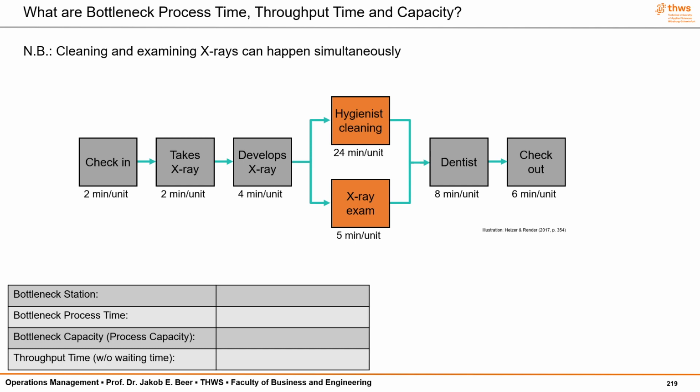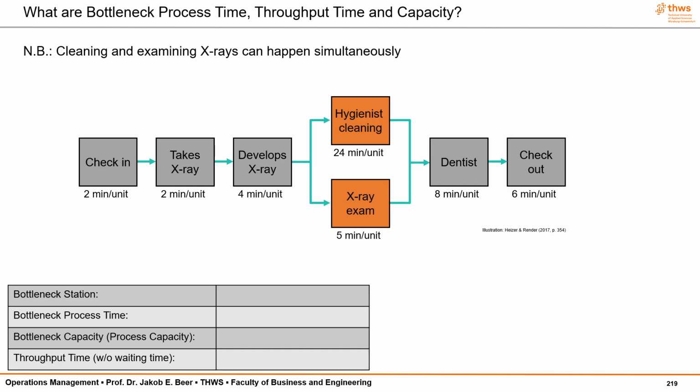Now, the first step is exactly the same as in the previous example. We try to identify the bottleneck. And the one process step with the longest process time in this example is the hygienist cleaning your teeth. This takes 24 minutes per patient, okay? So that's the bottleneck, and the bottleneck process time is 24 minutes.